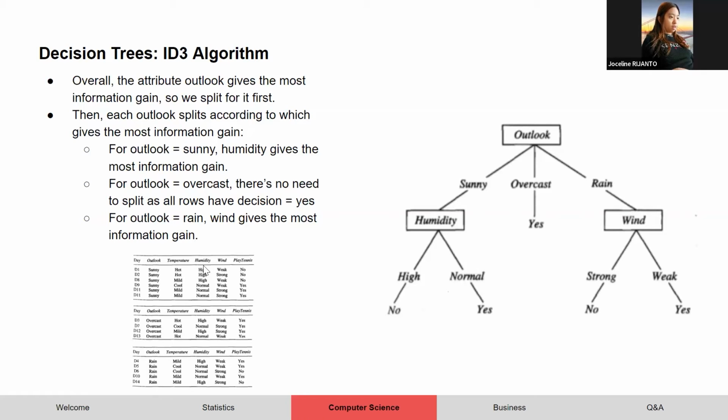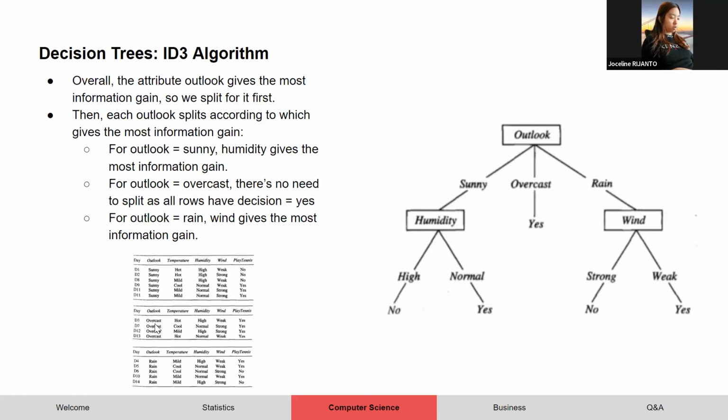Out of the other 3 features, we want to see which has the highest information gain. For sunny, humidity has the highest information gain, because when humidity is high, all the values for play tennis are no, and when humidity is normal, play tennis is all yes.